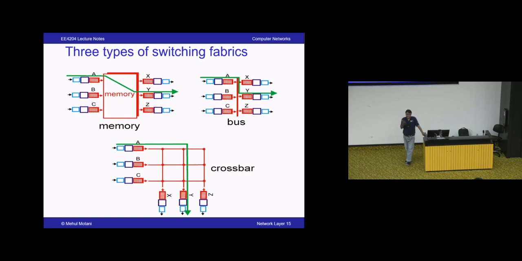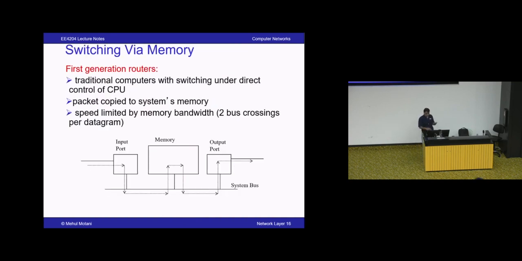Switching via memory is pretty straightforward. There's some common memory location that it writes to, and the CPU directs the output. The CPU directs the input port to write to some memory, and then it directs the output port to read from that memory location.